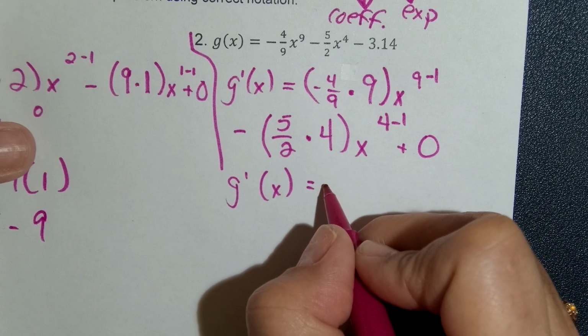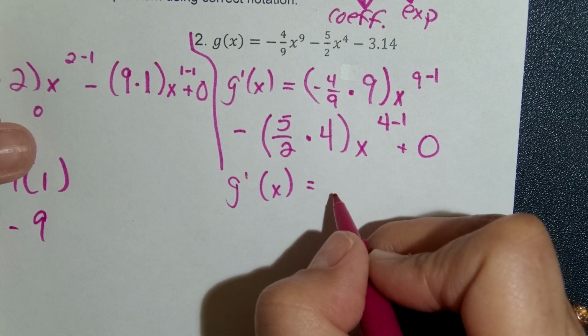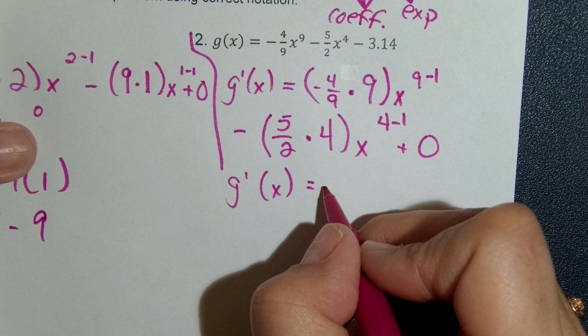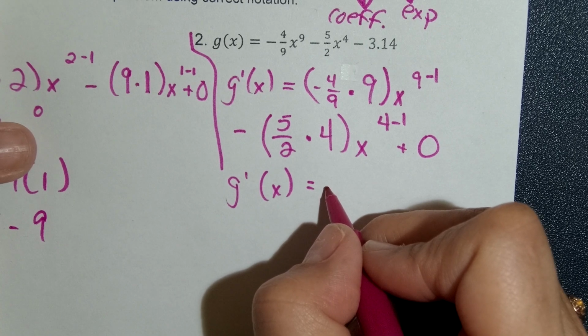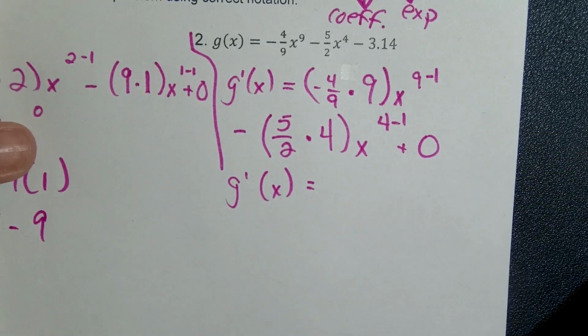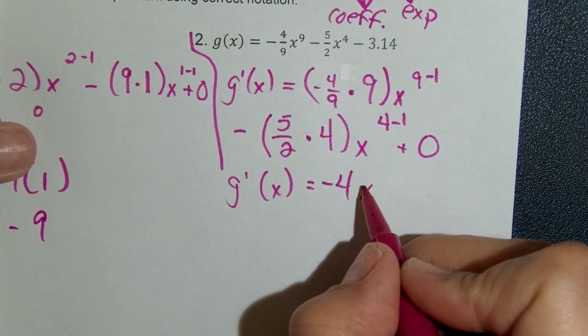Yeah, and so let's go. Multiply, in parentheses, and then it's -4, and then x to the 3.